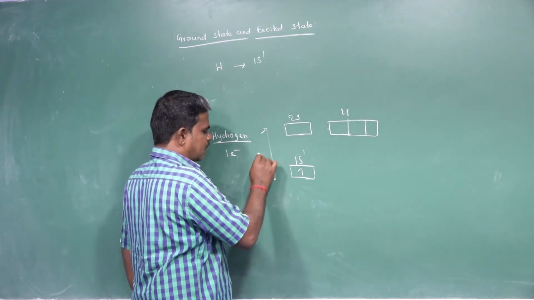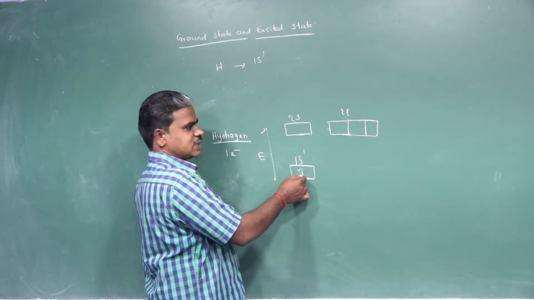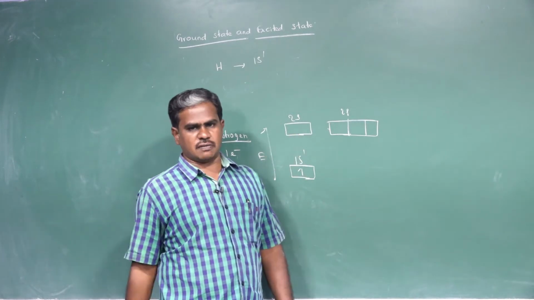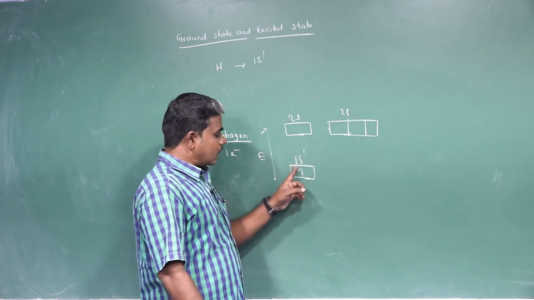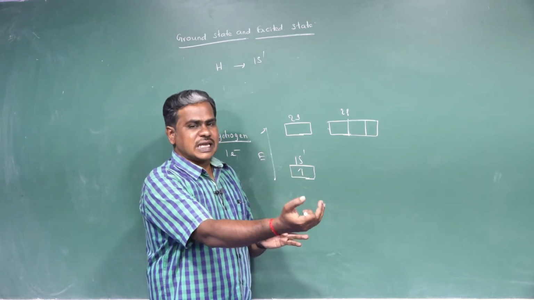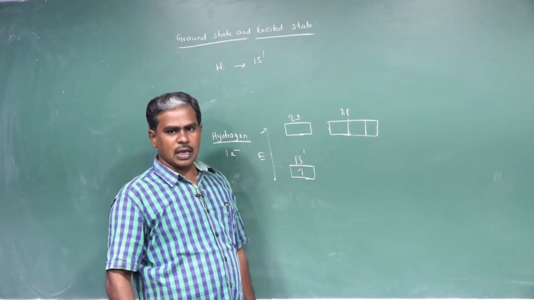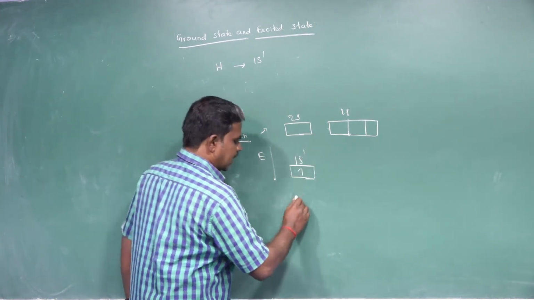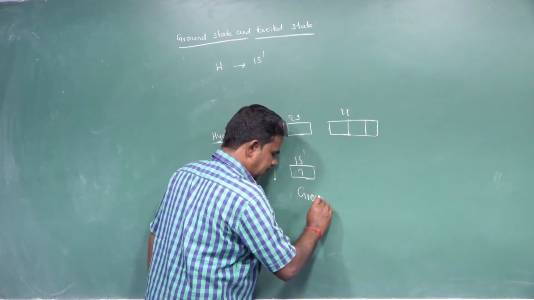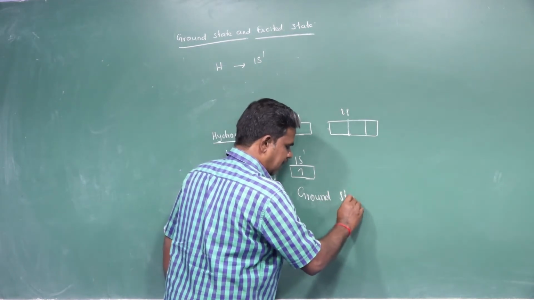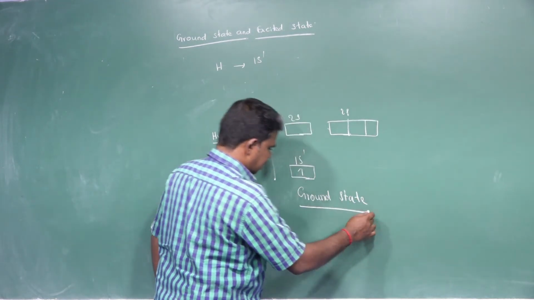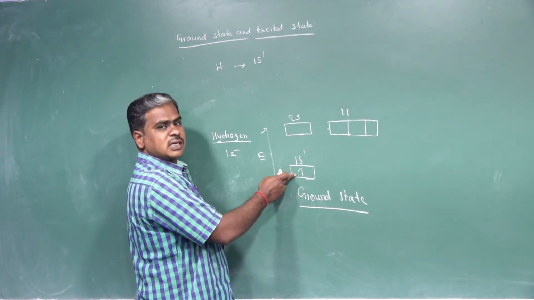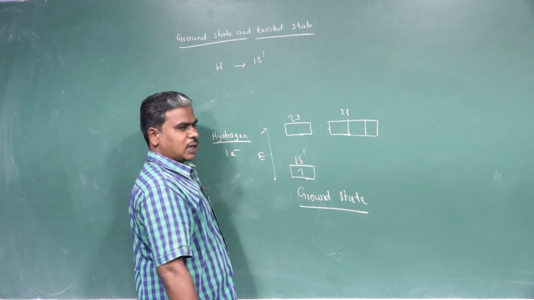There is the lowest energy level and the highest energy level. Now the electron absorbs energy externally and gets excited. So in the ground state, the electron is present in the 1s orbital.